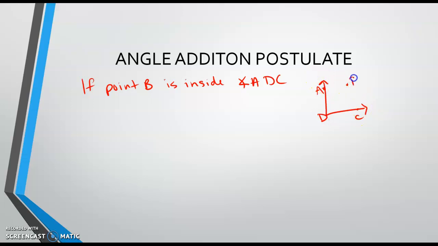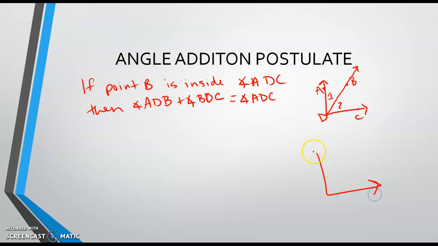If point B is inside, and we have a ray connecting those, then angle ADB, so that's this one, angle ADB, plus angle BDC equals angle ADC.